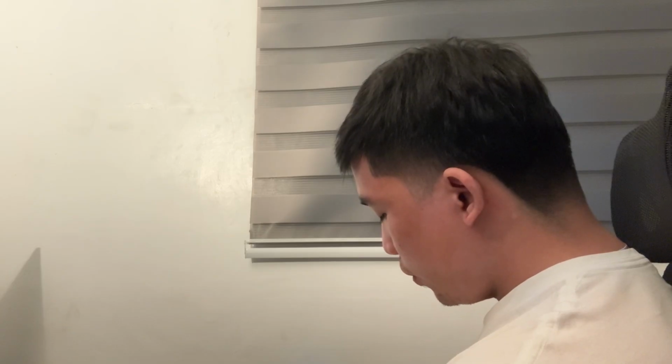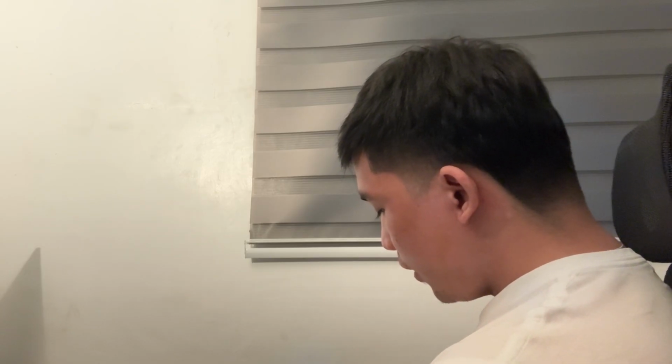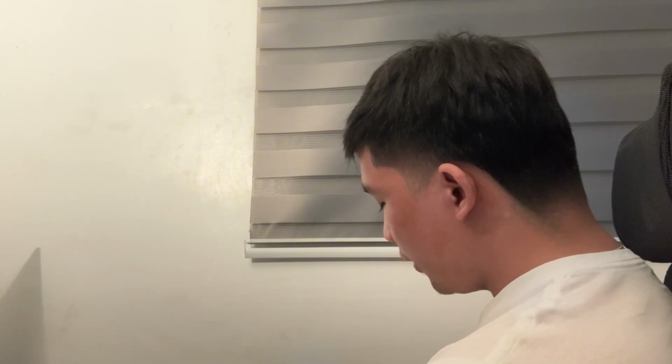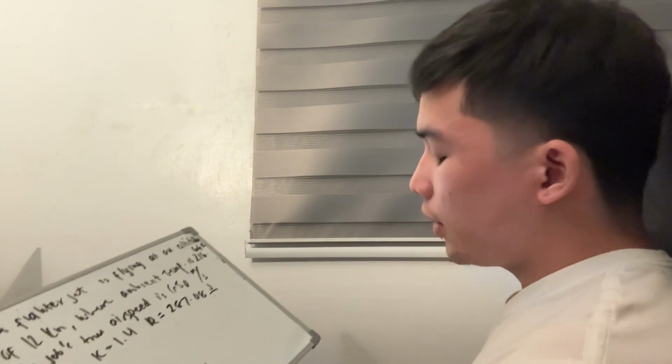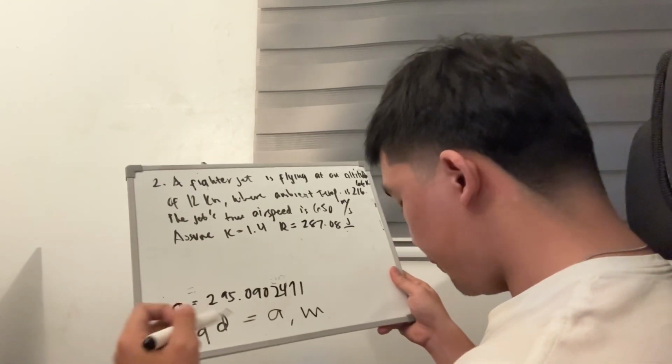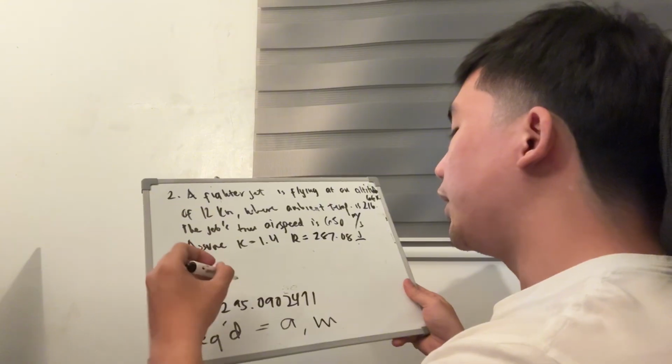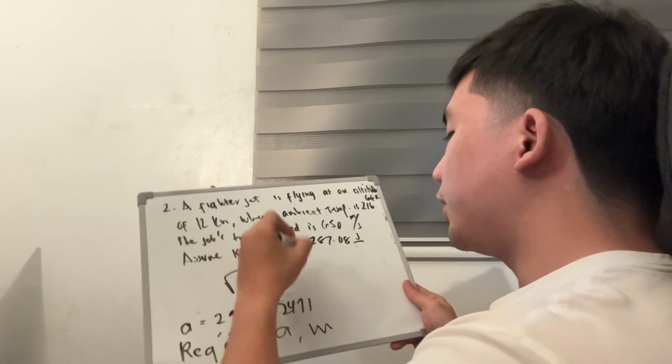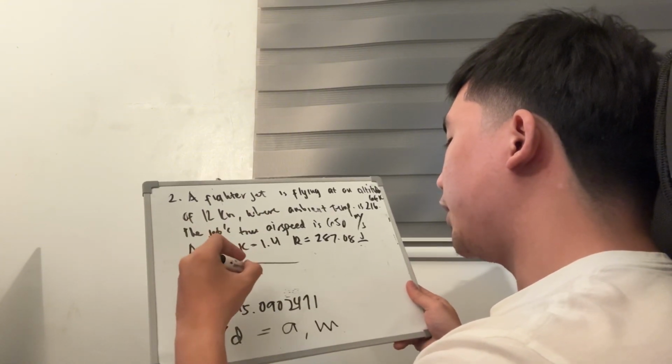A is equal to 295.0902471. So for our unit analysis, since we are looking for the speed of sound, we need to get meters per second. So here, let us plug in the values.